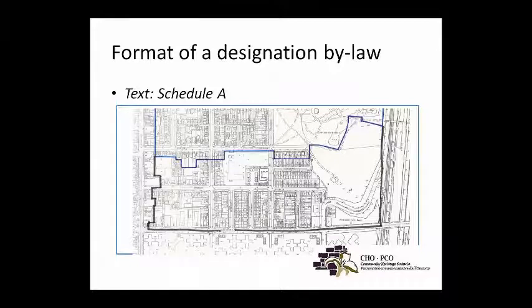Okay, let's take a look at a Part 5 designation bylaw. And the example that I'm dealing with here is for the Cabbagetown South area. It was one that I was involved with in the City of Toronto, and it's bylaw 887-2005.